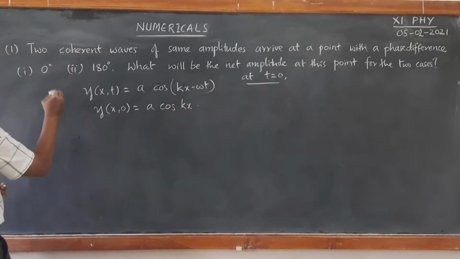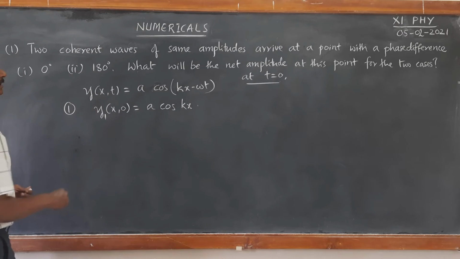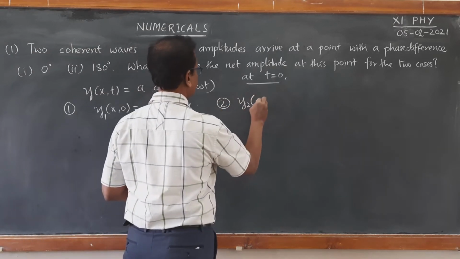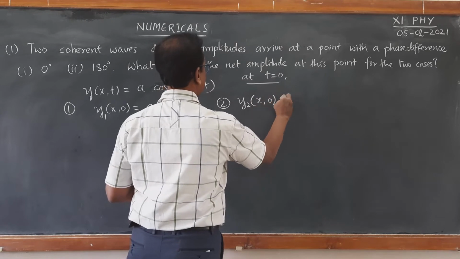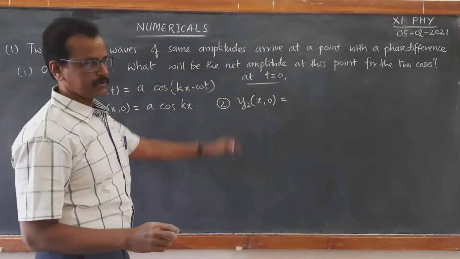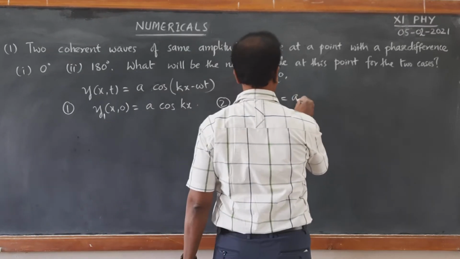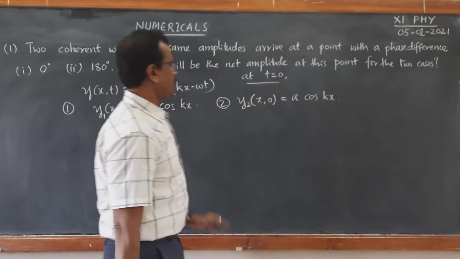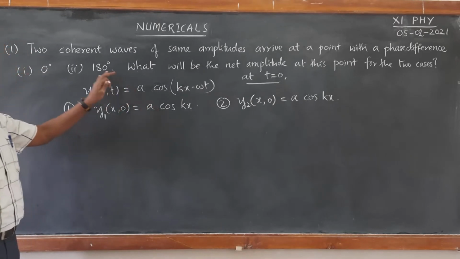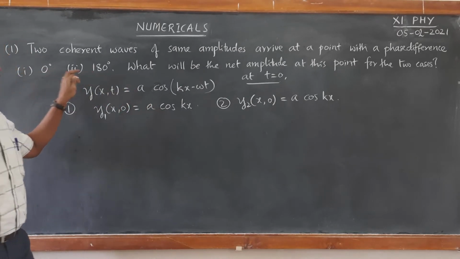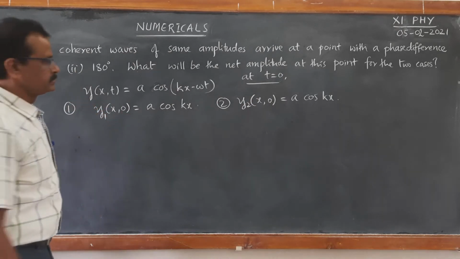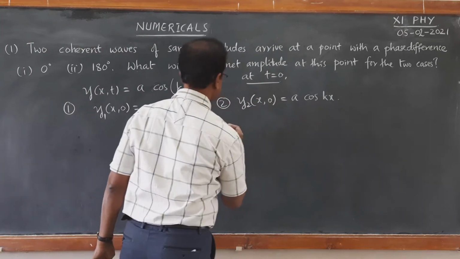This is for the first wave. For the second wave, y2(x,0) has the same amplitude, a cos kx, as given here. They are maintaining zero phase difference between them.